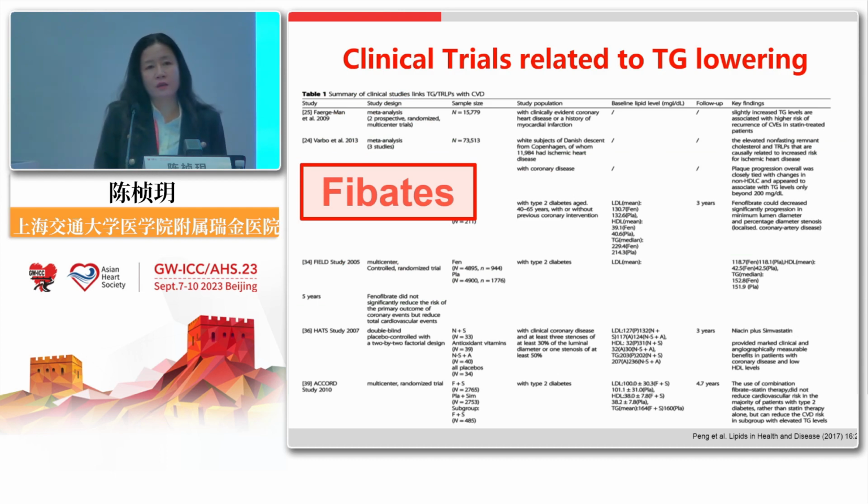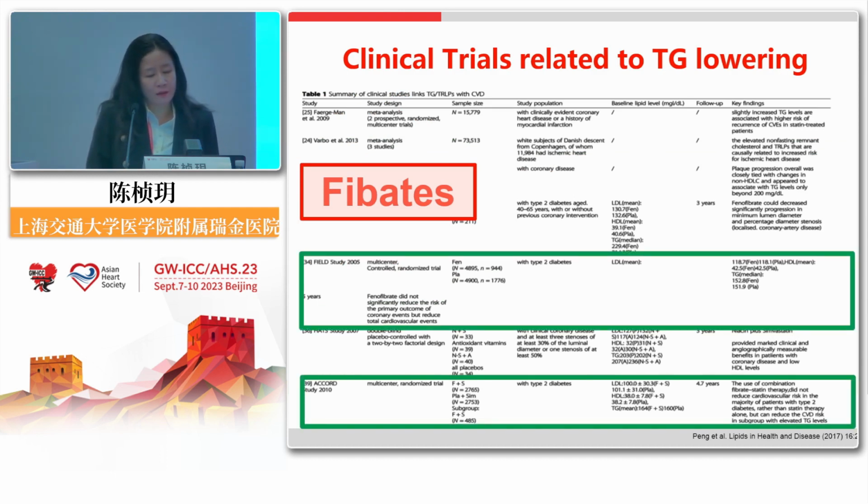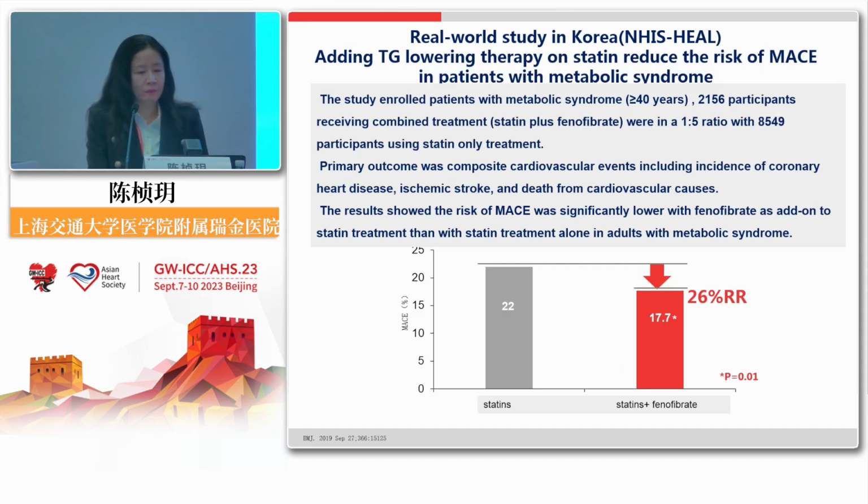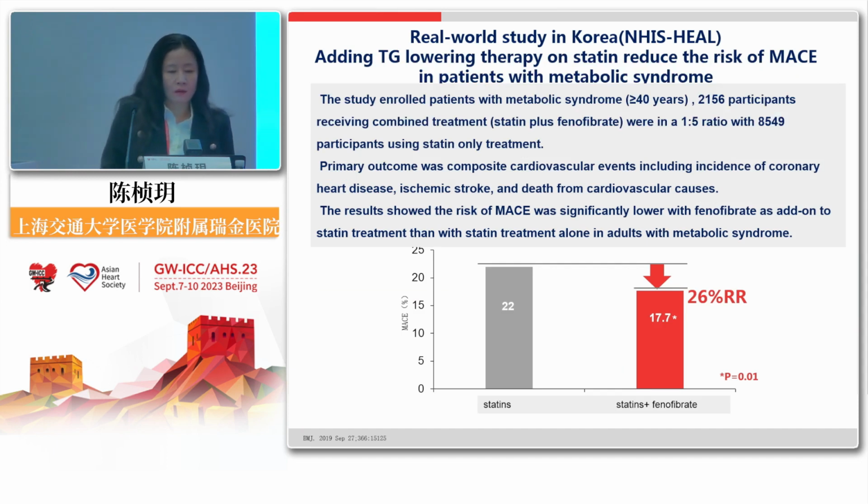How about the fibrates? The fenofibrate-related clinical trials only show some positive data in subgroup analysis and meta-analysis. So for the whole picture of RCTs, it's negative. There are several real-world studies published.